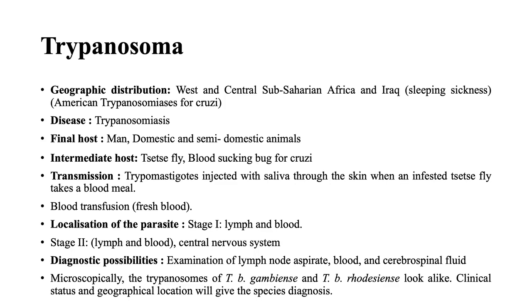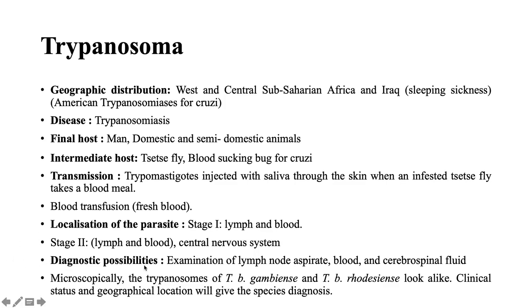The transmission of the trypanosoma is going to be by trypomastigotes, ingested with the saliva through the skin when an infected tsetse fly or bug takes a blood meal, and it can also be transmitted by blood transfusion. The location of the parasites has two stages. The first is in the lymph and the blood. This is stage 1, and the second is the central nervous system.